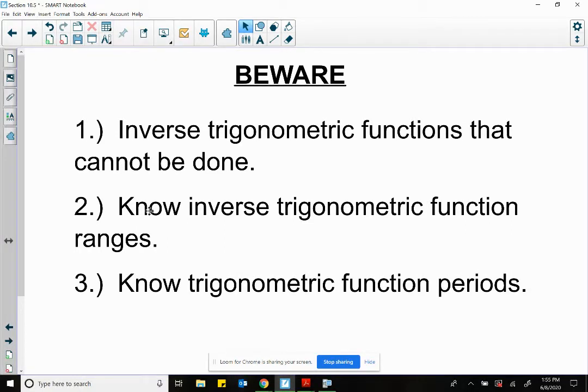And also with that, make sure that you know the ranges of the inverse trig functions. Where do the answers lie? That's important information. And another thing to be cautious of is to make sure that you remember the trigonometric function periods. Make sure that you remember those periods. All right, so let's do some solving.